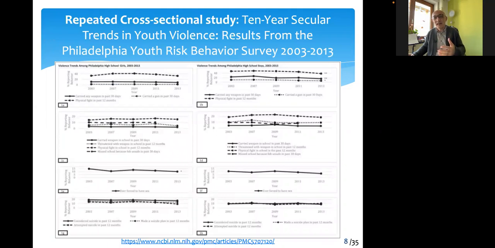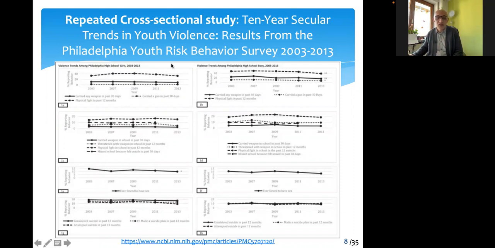The classical example for a repeated cross-sectional study I always give is the Youth Risk Behavior Survey conducted in the USA. There are such surveys in many countries, in all countries. I suppose in Turkey, for example, there is a national health survey conducted every 5 years to look for the trend in the population, the disease trends or the health behaviors or the health indicators.